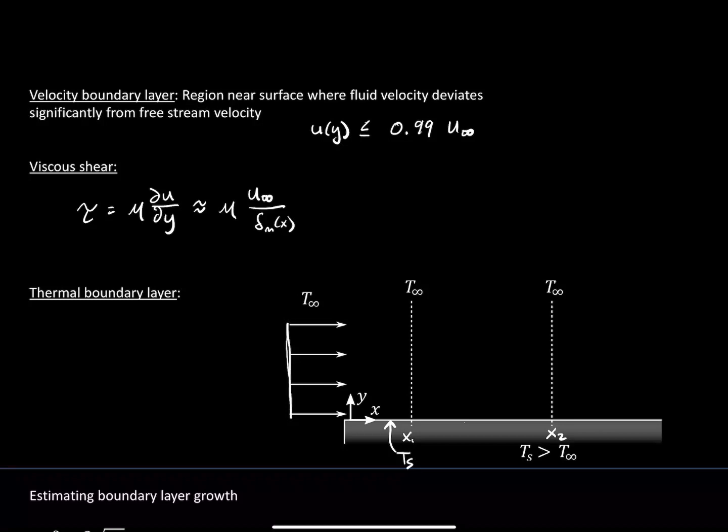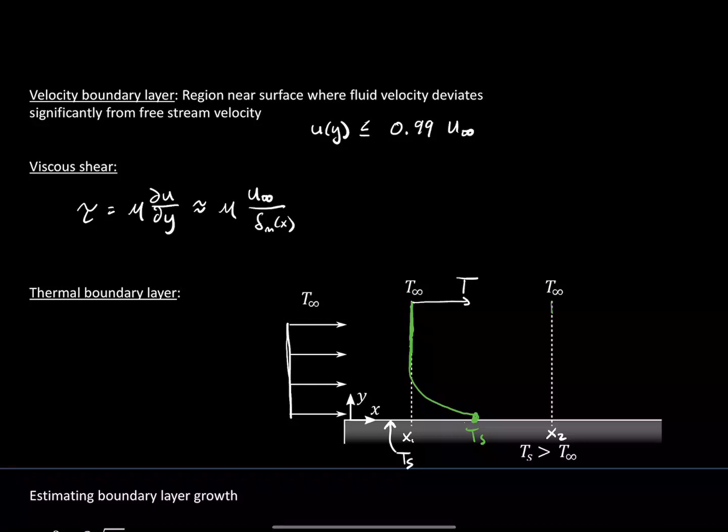So what does that look like? I guess we can say, if we just plotted temperature, so I'm going to plot the temperature profile as a function of coordinate y. So out away from the plate, we're at T infinity. As you get closer and closer to the plate, let's say this here is T sub s. As you get closer to the plate, you're going to get this thermal wave that's growing.